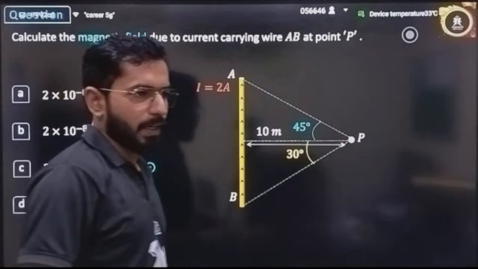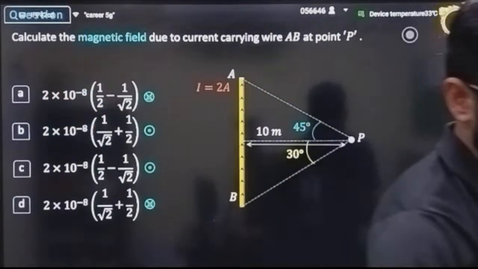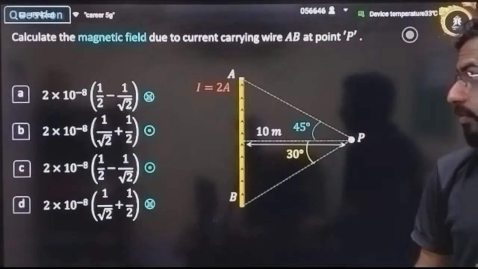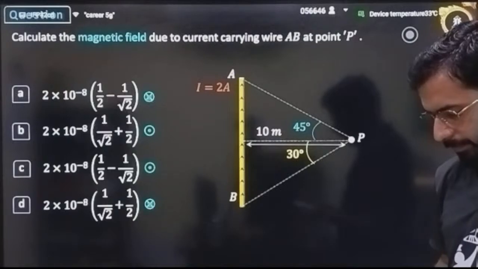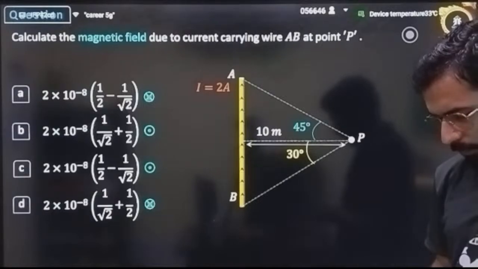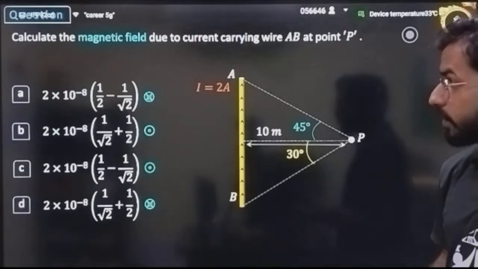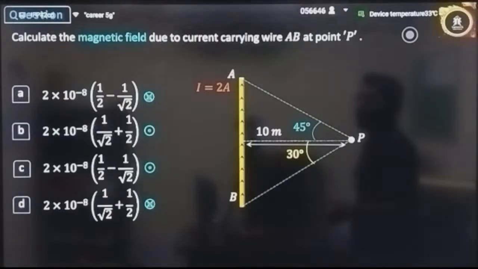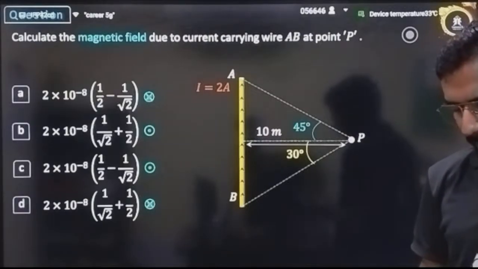Now there is a basic question. Now try to solve this question. Read the question first. What is the question saying? Calculate the magnetic field due to current carrying wire AB at point P. Basic application.